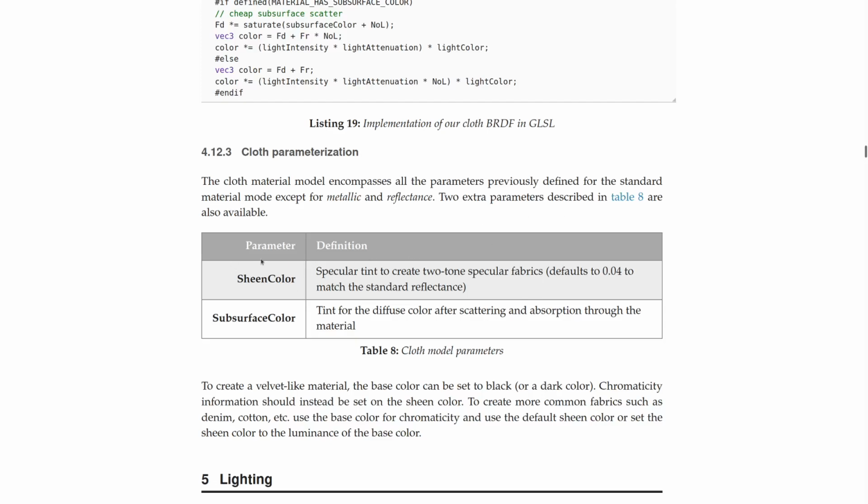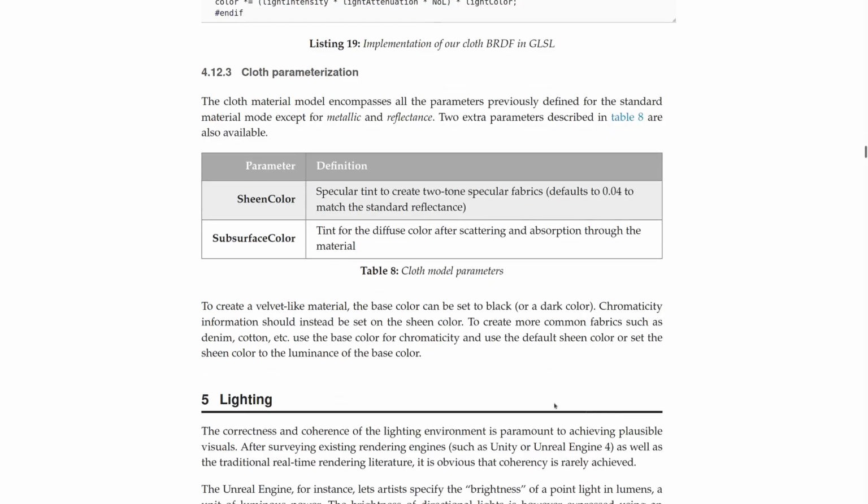That's the sheen and subsurface colors, where the sheen color is a specular tint to create two-tone specular fabrics, defaulting to 0.04 to match standard reflectance, and the subsurface color being the tint for the diffuse color after scattering and absorption through the material. So to create a velvet-like material, the base color can be set to black or a dark color, and chromaticity information should instead be set on the sheen color.